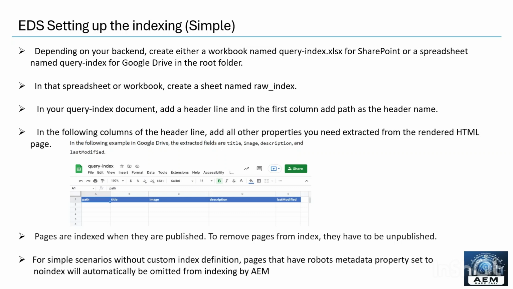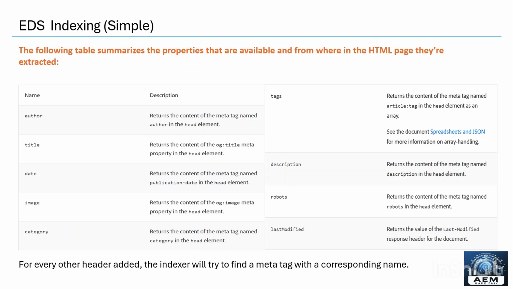There are a few properties that are available out of the box. They will be looked up in your page markup, and EDS tries to read them from the different meta tags available on your page.